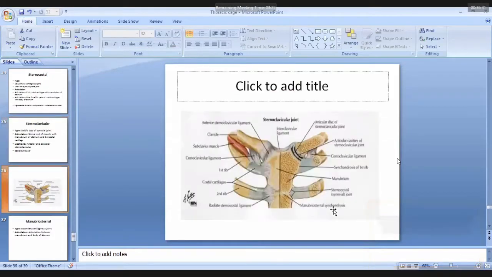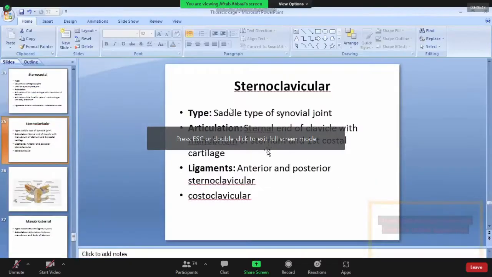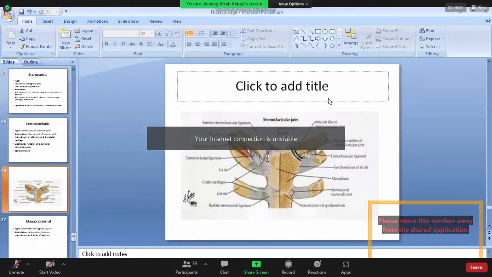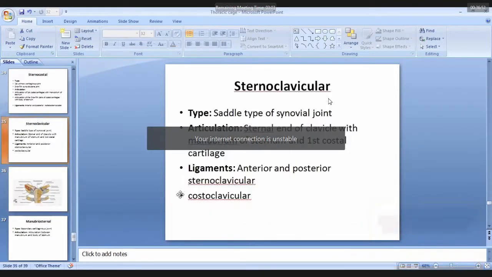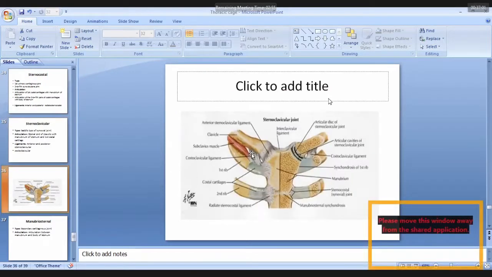So this is the anterior sternoclavicular ligament, and posteriorly there is a posterior sternoclavicular ligament. The second type of ligaments are costoclavicular ligaments. This one is the costoclavicular ligament, the ligament between the clavicle and the costal cartilage of the first rib.